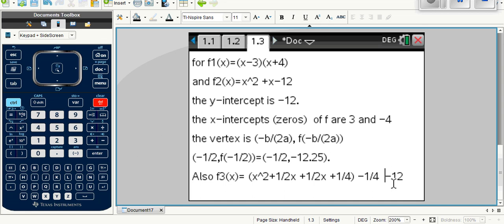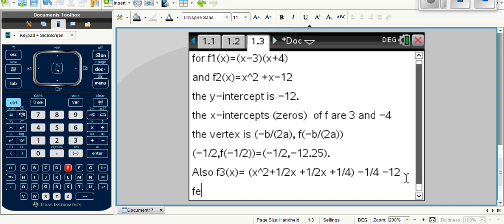So that then becomes equal to, copy this up to here, put it in here, and then get rid of the square here, and square it, and then add these two pieces together here, which is negative 12 1/4.